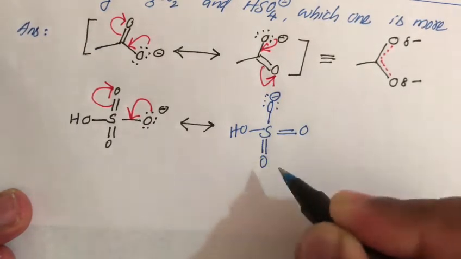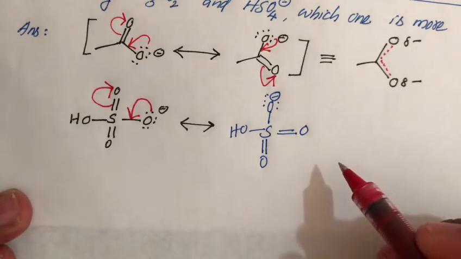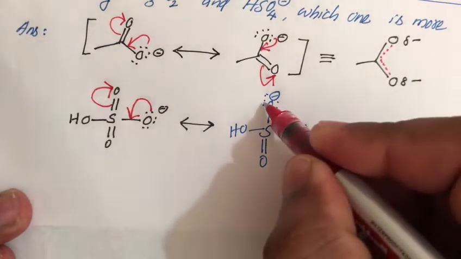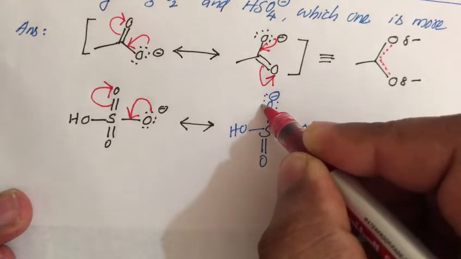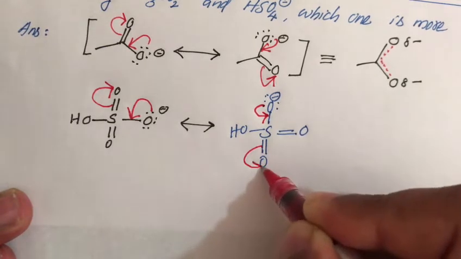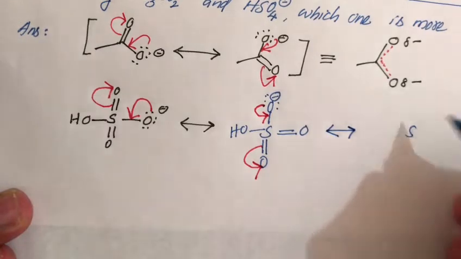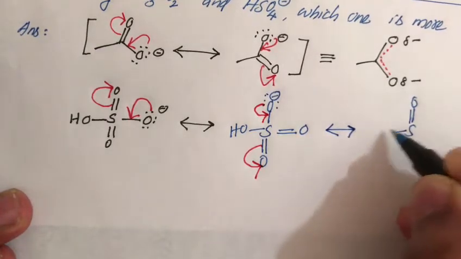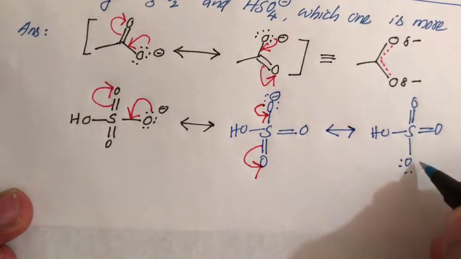Here double bond. Now what will happen? This lone pair can move to this position and the pi bond can move to this position. So you can have another canonical form, double bond O, OH, double bond O minus.